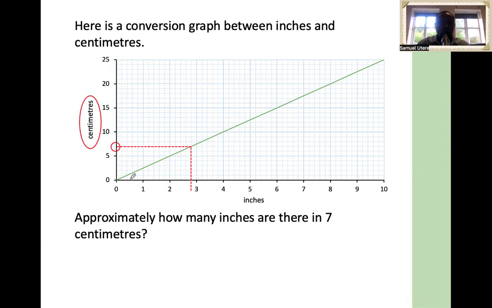So in this case, those intervals are represented by the little squares. So now we can say that each little square is 0.2. So which means that this should be 2.8, because we can see we are on the fourth little square. So 7 centimeters is approximately equal to 2.8 inches.